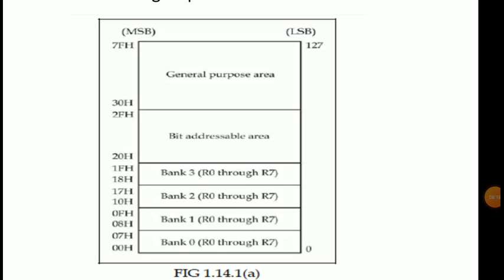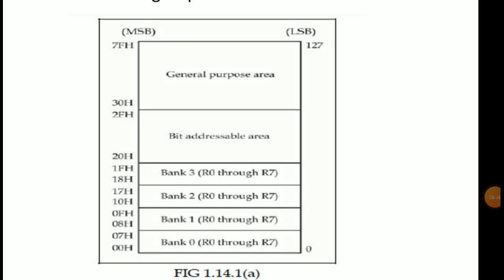By default, bank 0 is selected, and there will be 8 registers in each bank, and for each register we have a separate address. So R0 will have 00, R1 will have 01, that is in bank 0. After 07 we have the R7 register.